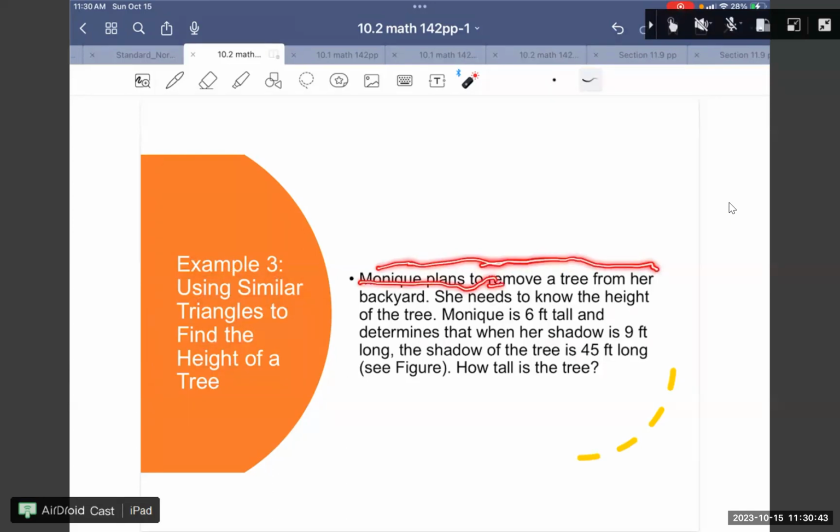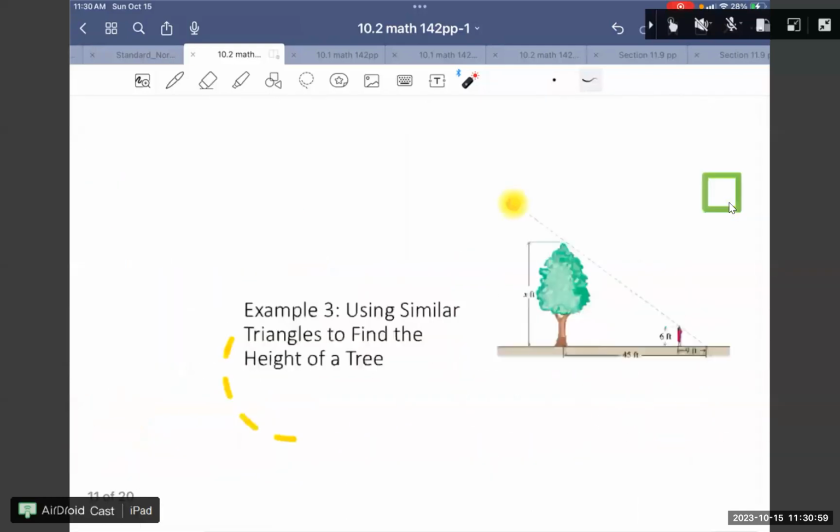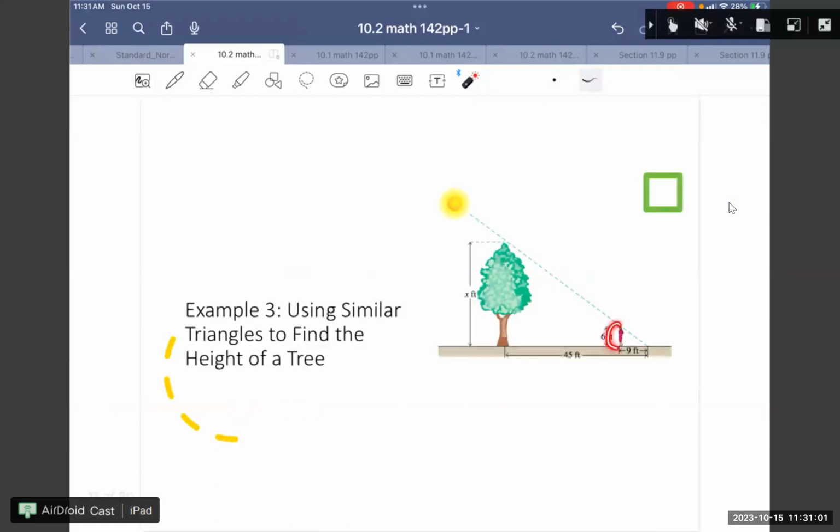She needs to know the height of the tree. Monique is 6 feet tall and determines that her shadow is 9 feet long and the shadow of the tree is 45 feet long. So how tall is the tree?